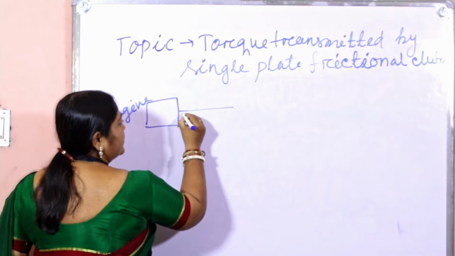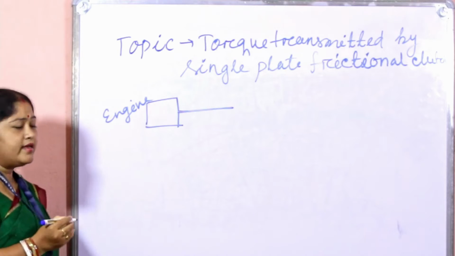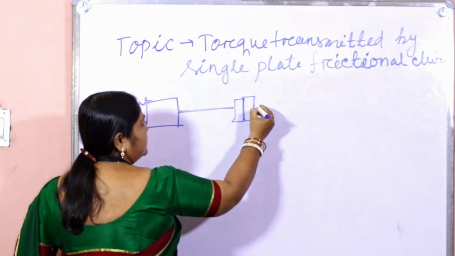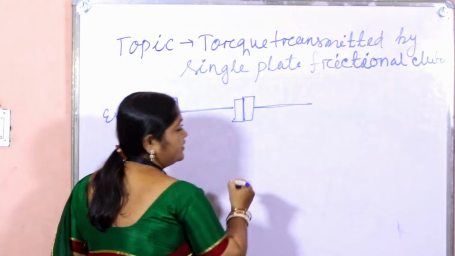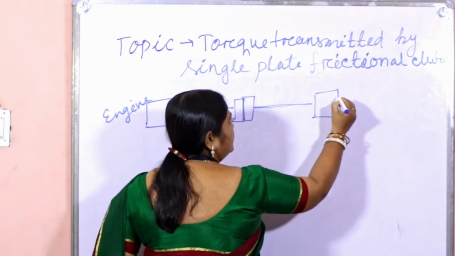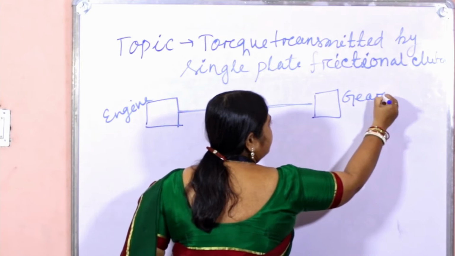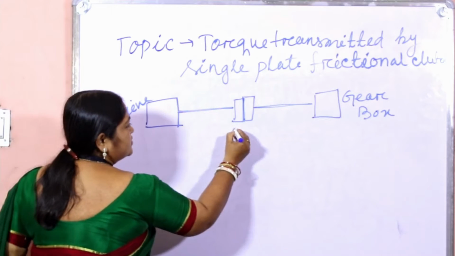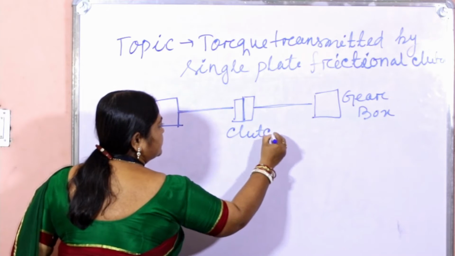The engine is connected with a shaft. Then there are the clutch plates. Then the driven shaft is present and it is connected to the gearbox. This is your clutch.